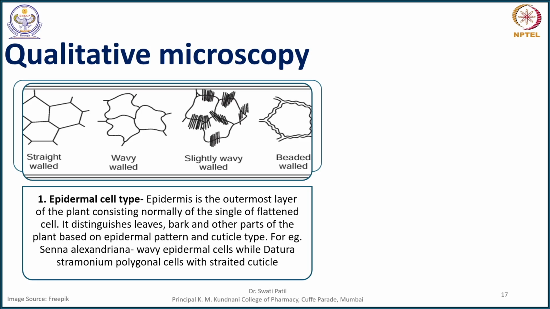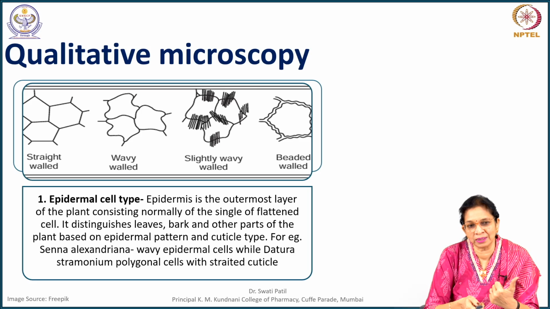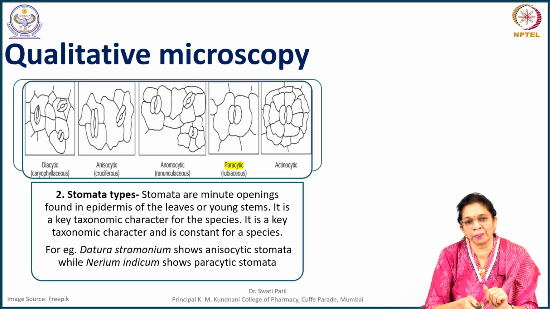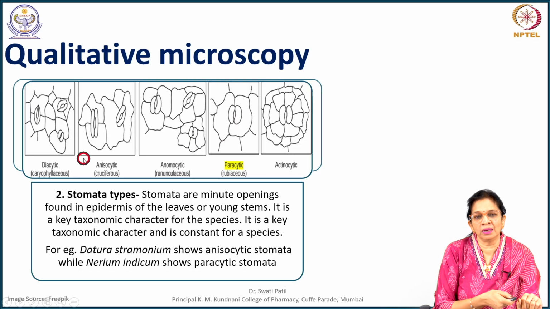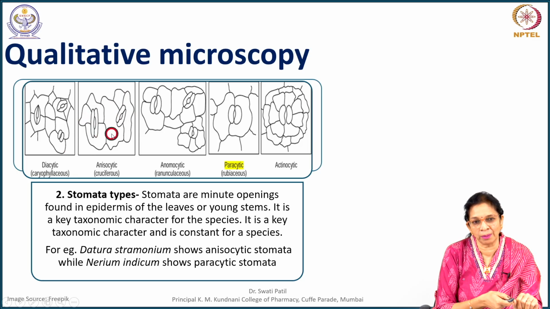Qualitative microscopy is the kind of epidermal cells, the kind of stomata, the kind of trichomes which we discussed earlier, can be used to identify. The stomata types, these are different types of stomata. Depending on the alignment of the epidermal cell with the guard cell, here you can see anisocytic, there are 3 epidermal cells and 1 cell is smaller in comparison.